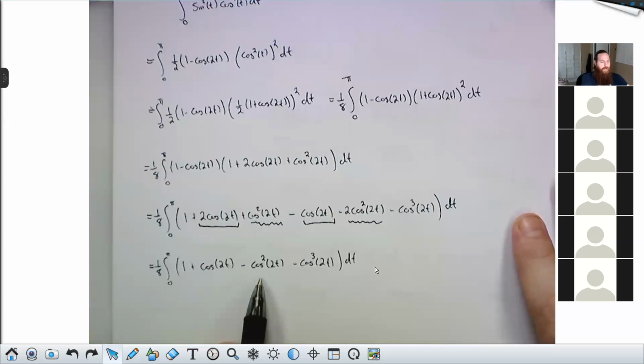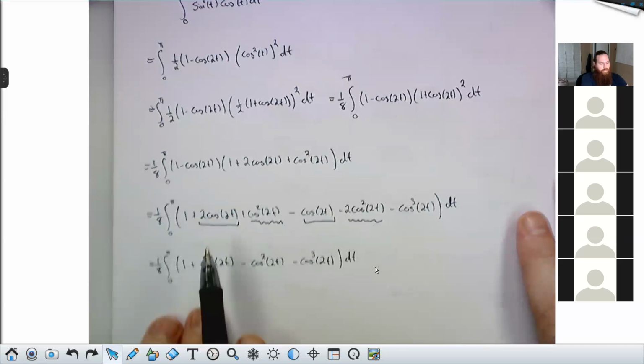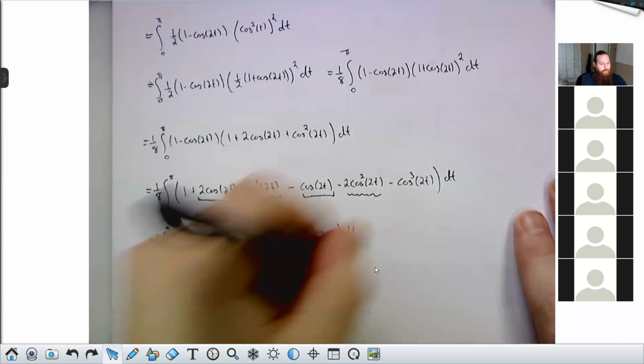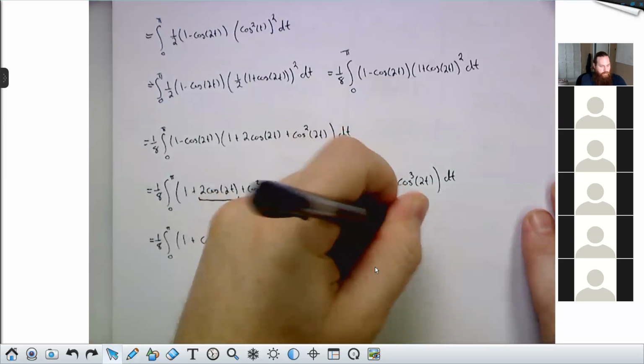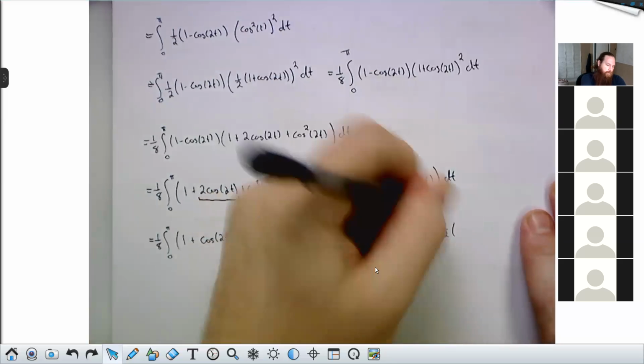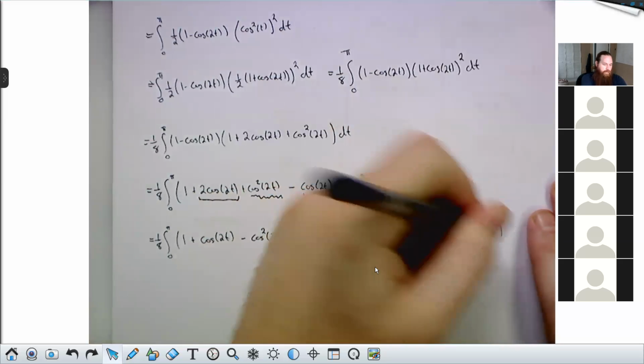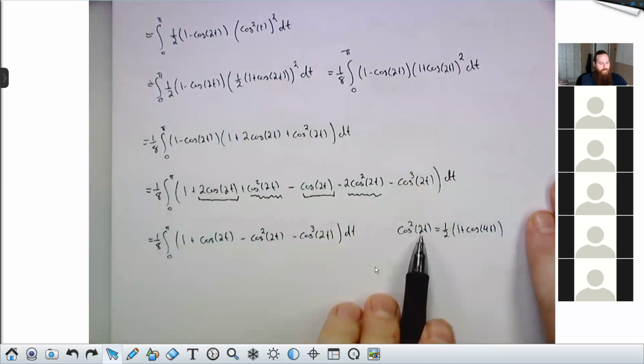This guy needs more half angle. This guy is now an odd power, so I'm going to break him off because he doesn't follow the same pattern as the other guys. The modified half angle looks like this. Cos squared of 2t is 1/2 times 1 plus cos of 4t. Remember, whatever's here is always half of what's here.